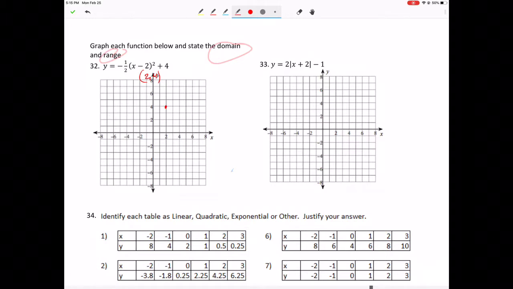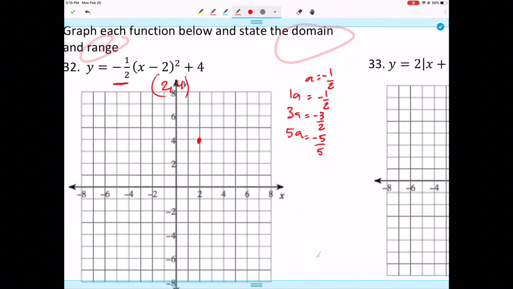And then it's a quadratic, so we'll use it as a growth pattern. 1a, 3a, 5a, where a equals negative 1/2. That will give us negative 1/2, negative 3/2, negative 5/2. Okay, so we'll go, let me zoom in a bit.